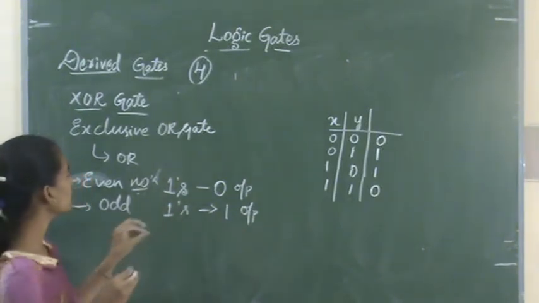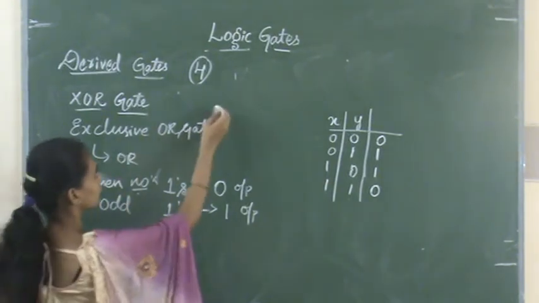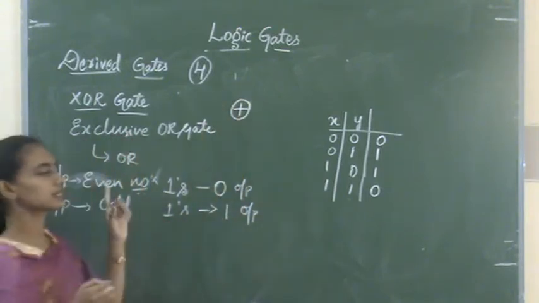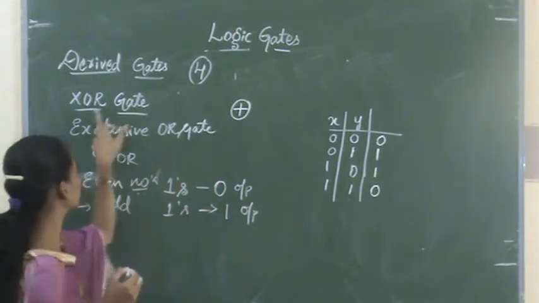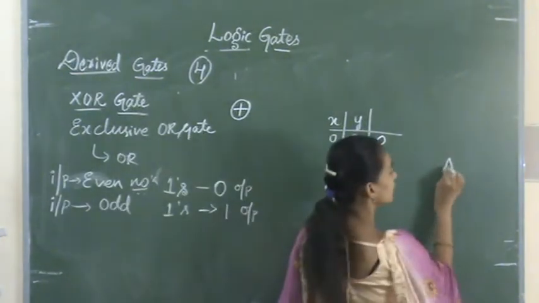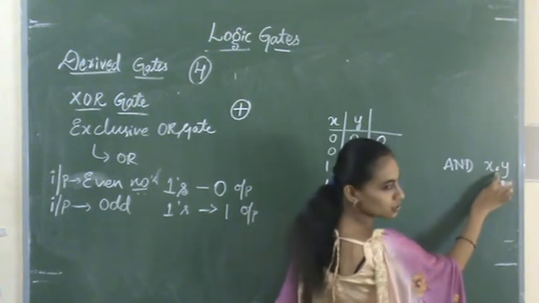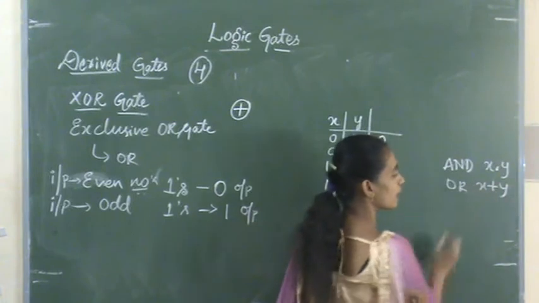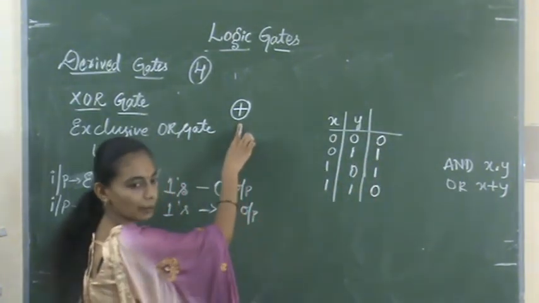Okay, so the symbol used for the operation, the symbol used for the XOR gate, is this one. This is the operator used for XOR. For the AND gate we use a dot, x dot y. For the OR gate we use the plus symbol. Like that, for the XOR gate we use this operator.